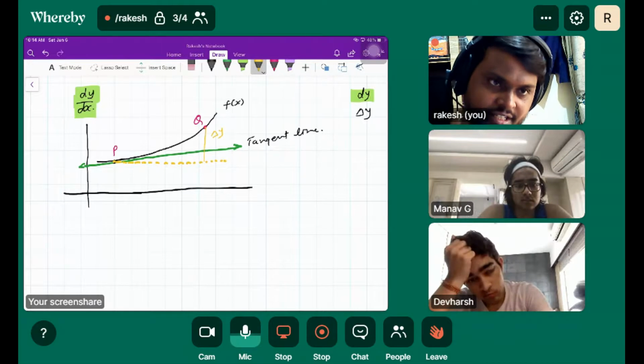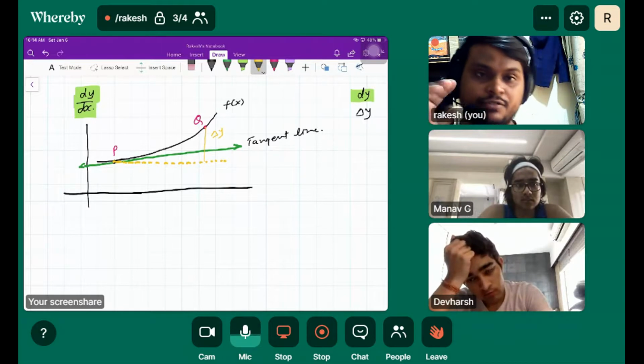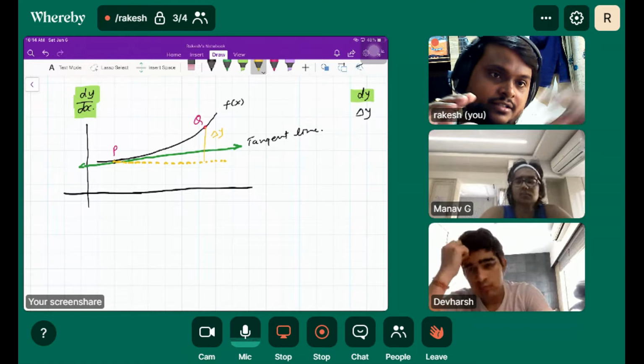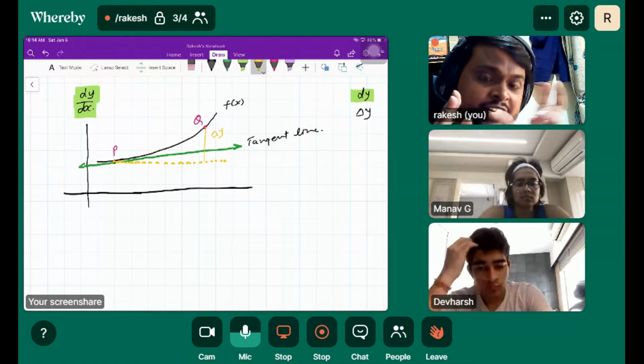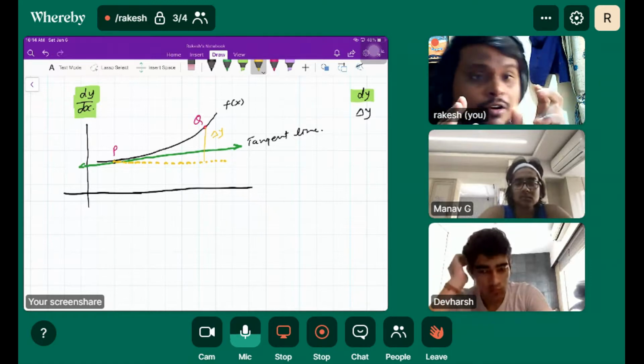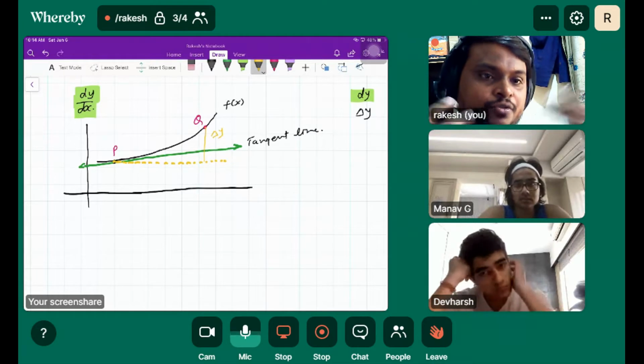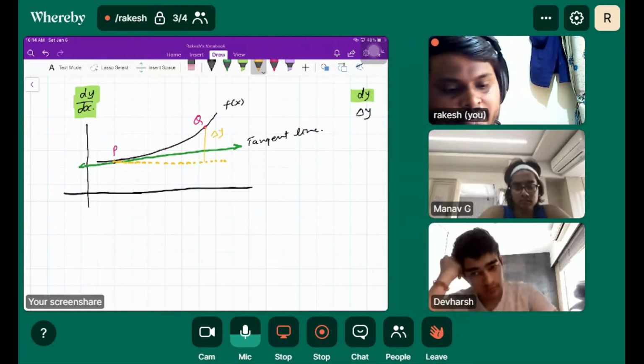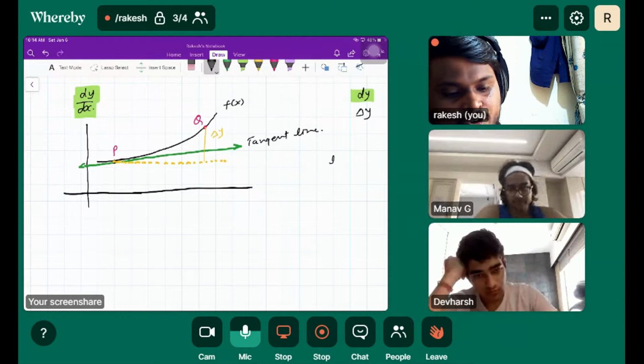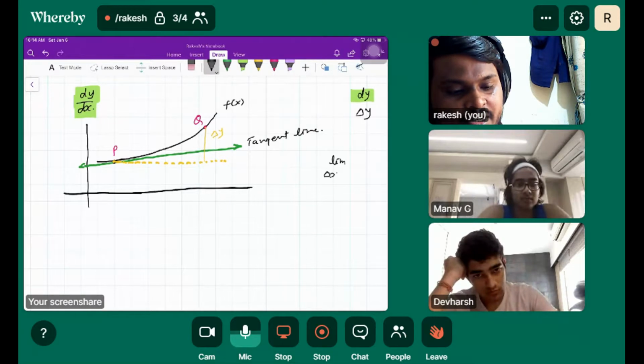Now understand it this way. If we have 2 points, we will always have 2 points because we know that delta x is not going to be zero, right? We have talked about this. When the limit of delta x tends to zero, delta y upon delta x is equal to dy by dx.